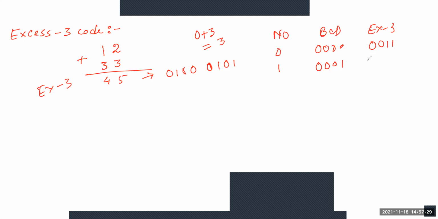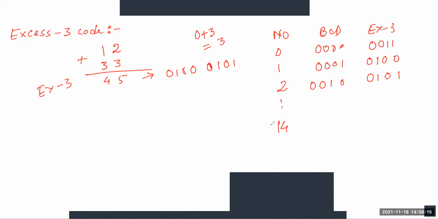And 4 in BCD form is 0100. So this is a table, or you can say it easily. 2 means 0010, and for 2 we just add 3, like that.